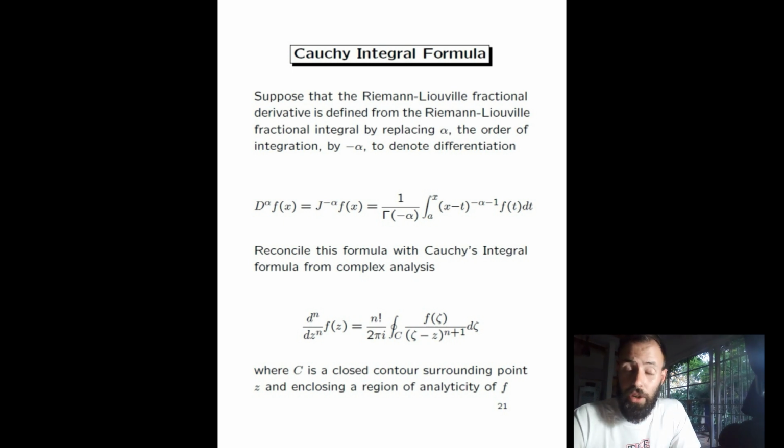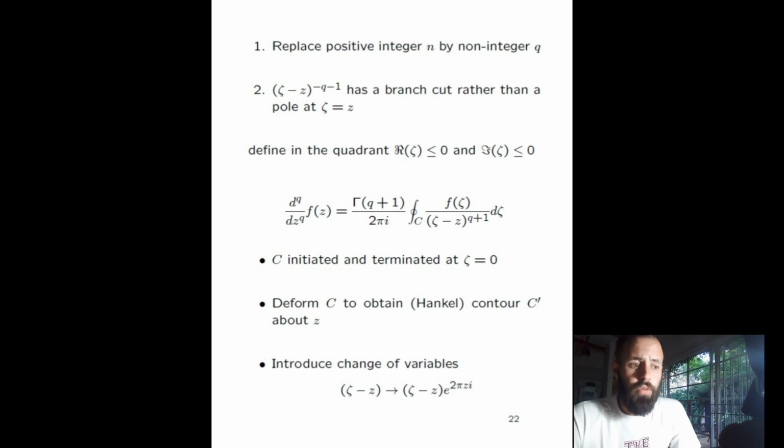Okay, so suppose we obtain our fractional order derivative operator by replacing the order in the Riemann-Liouville integral operator with negative alpha, so that we denote differentiation. Okay, we reconcile this with Cauchy's complex integral formula by replacing this factorial with the gamma correspondent and deforming this contour C into the Hankel contour, right?